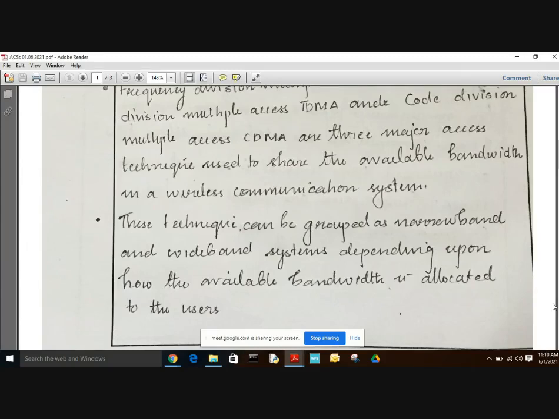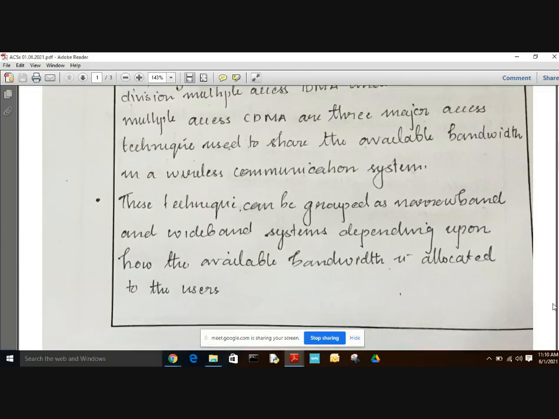So depending upon the allocation of bandwidth to the users, these three multiple access techniques, CDMA, TDMA and FDMA, can be categorized as narrow band systems and wide band systems.